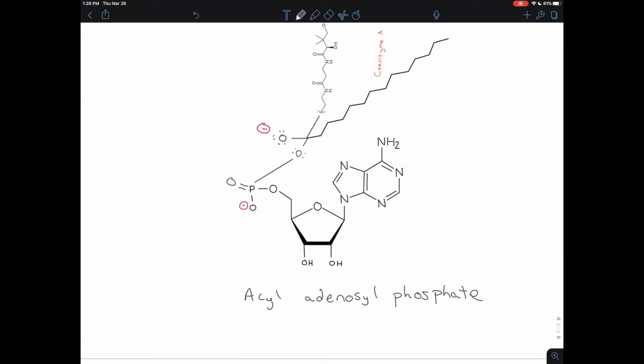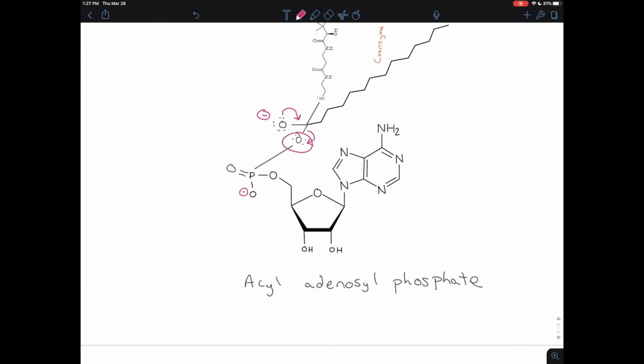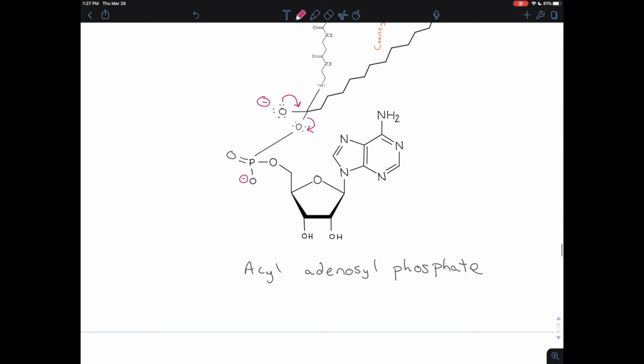Well, this oxygen is very unstable. It's got a full negative charge. This carbon here is slightly positive because it's bonded to a lot of electronegative elements, and so it wants to bond to it. So it swoops back down. When it does that, it kicks off the best leaving group, and that is the AMP molecule, because a negative charge on this oxygen will be allylic to this pi bond, and so it'll be able to spread out through resonance.